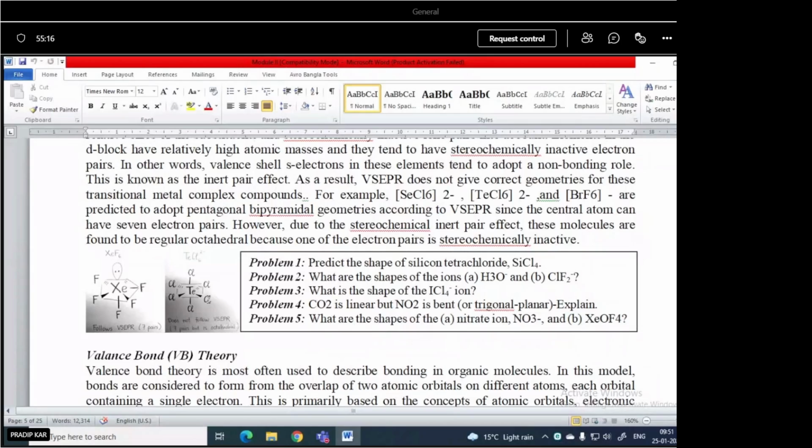Okay, here is TeCl6 2 minus. As per VSEPR theory, it should have the pentagonal bipyramidal structure, but it is having an octahedral structure, because the s electrons remain inert.